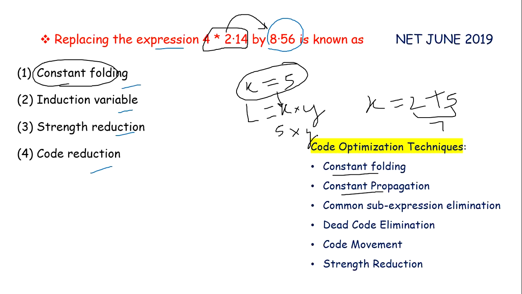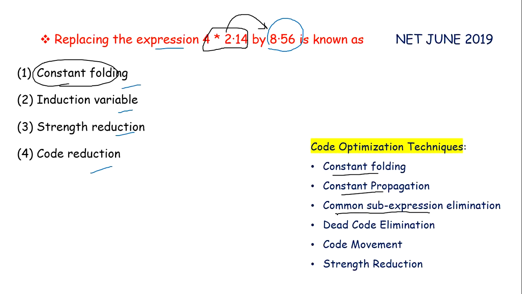We will make a detailed video on code optimization techniques very soon, and we will update its link in our description. Next is common sub-expression elimination. An expression that has been already calculated before and appears again in code is replaced with the previous result.